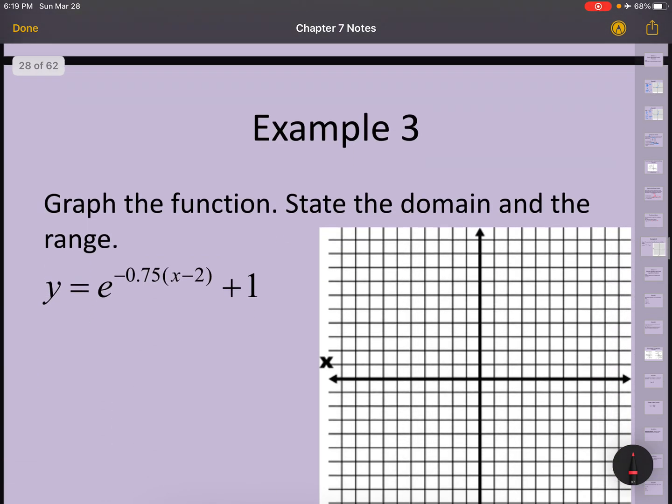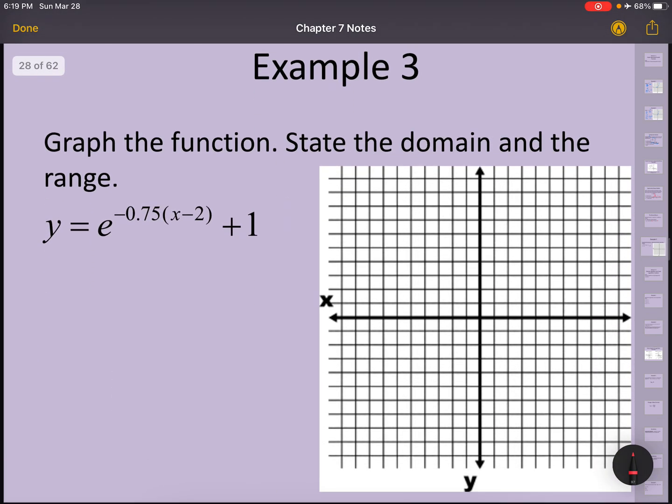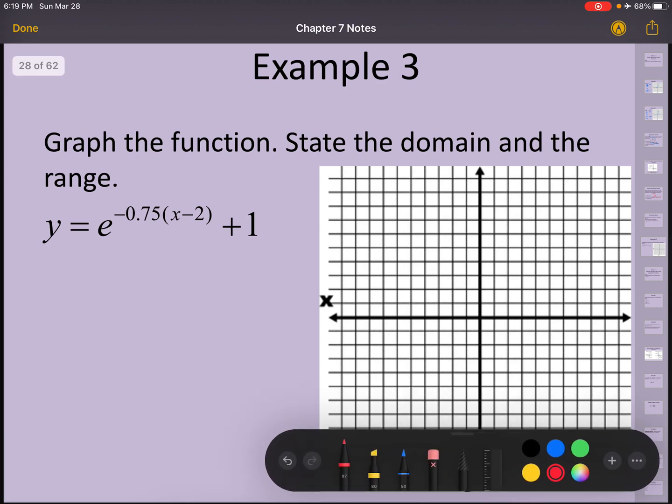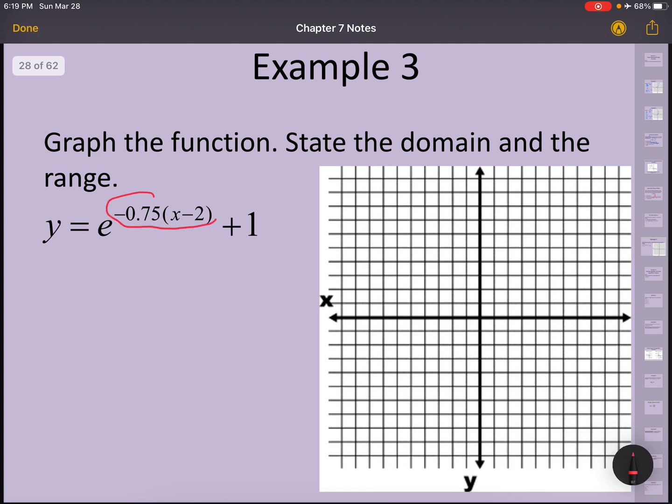In time. So in example 3, we're going to graph one of these, and then state the domain and range. First off, let's think about whether this is growth or decay just by looking at the function before we go graphing. Well, I see the x and my r up here.